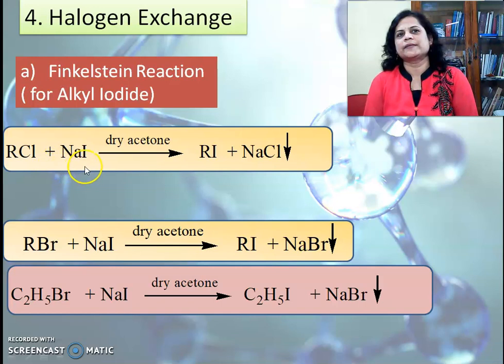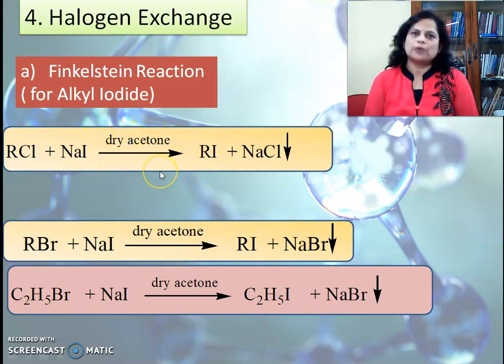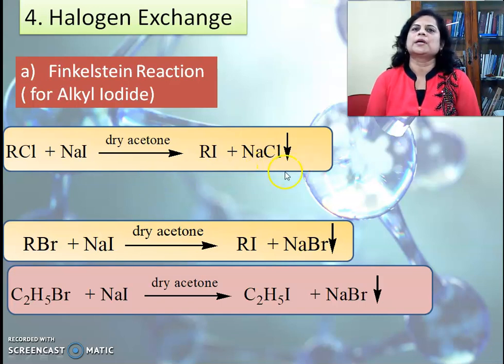The reaction is with sodium iodide, and the product is only alkyl iodide. But in that we require dry acetone. The role of dry acetone is that NaCl gets precipitated in presence of dry acetone, the separation happens easily, and therefore that method is used for the preparation of alkyl iodide.